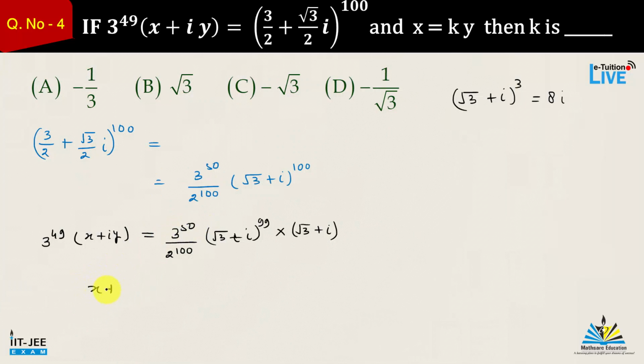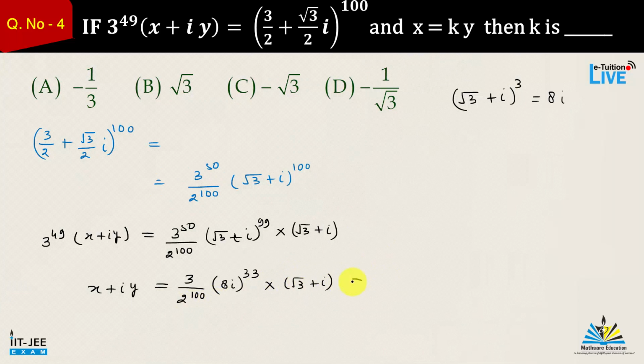So x plus iota y is equal to, if you cancel this you will get 3 alone, and here you are getting 2 to the power 100, and here you can see that this is (root 3 plus iota) to the power 3 to the power 33. So you will get (8 iota) to the power 33, and this is multiplied by (root 3 plus iota).